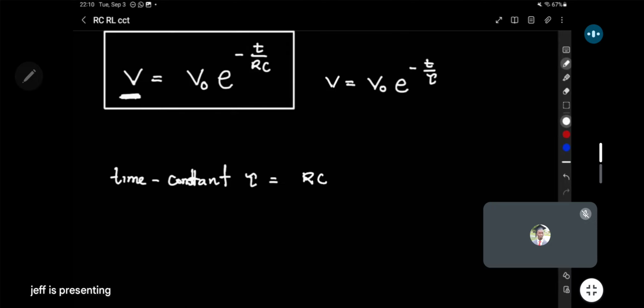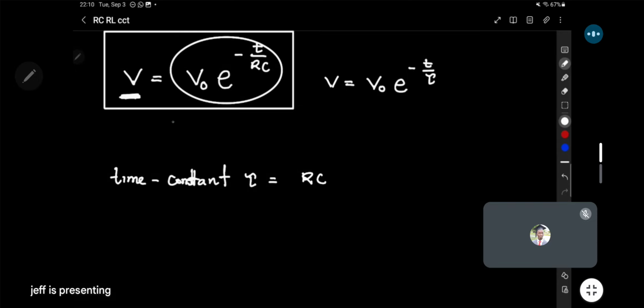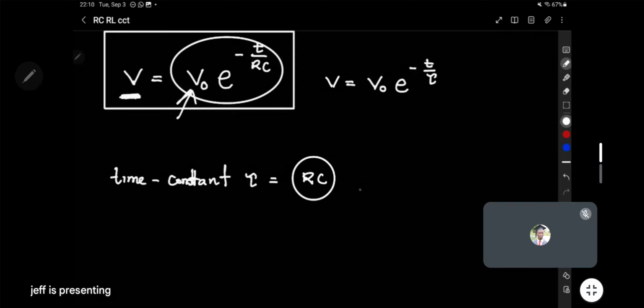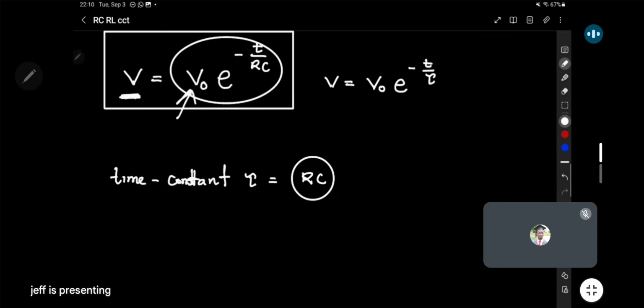So the time it takes for this whole thing to reduce to 36.8% of the starting voltage, that time is what we are calling the time constant. So when you multiply R times the capacitance, what you get is going to be the time constant in seconds. So basically that is what we have there.